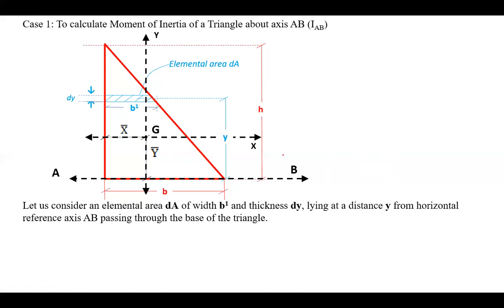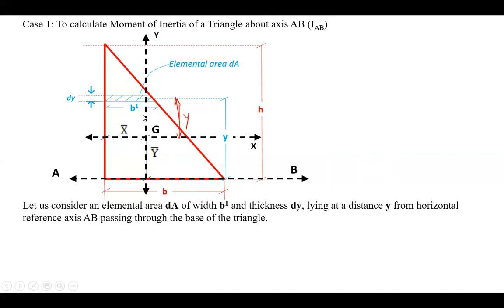If you consider this elemental area and start calculating the moment of inertia about the central axis, we should take y as the distance from the centroid. The difficult part is that as y varies, the b dash will also vary.